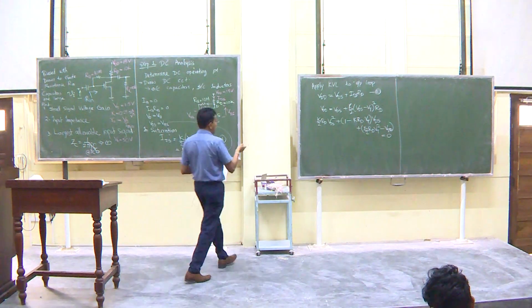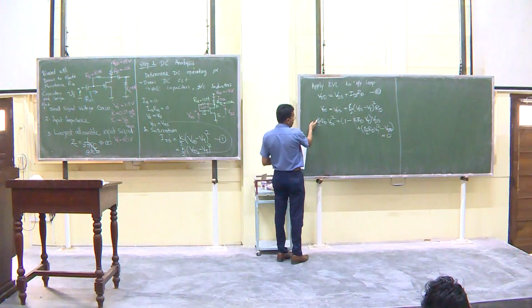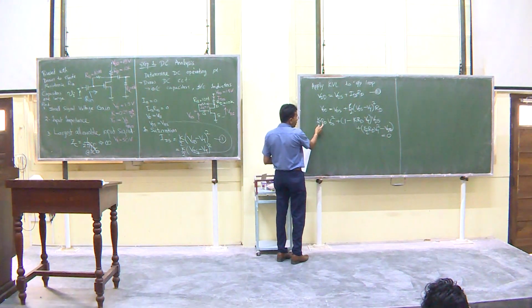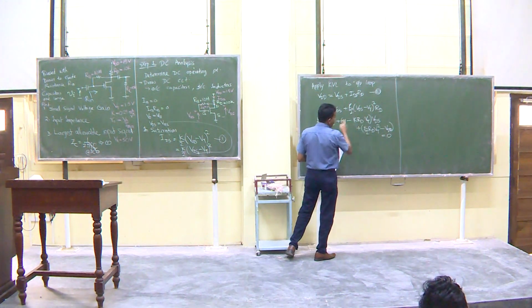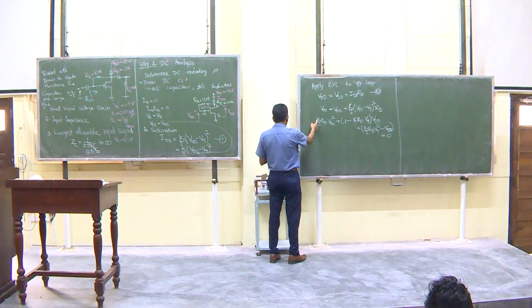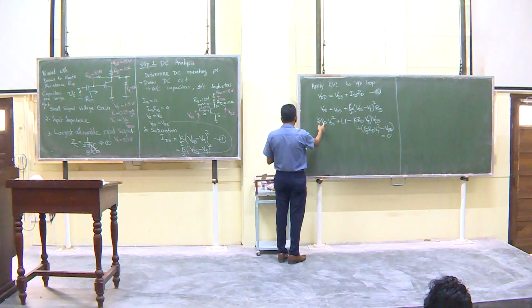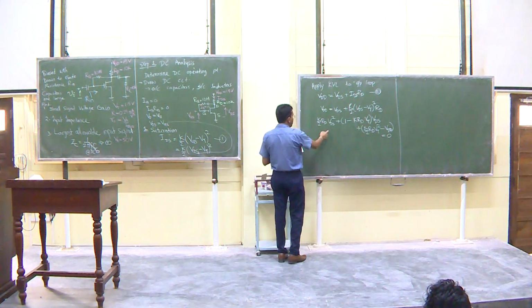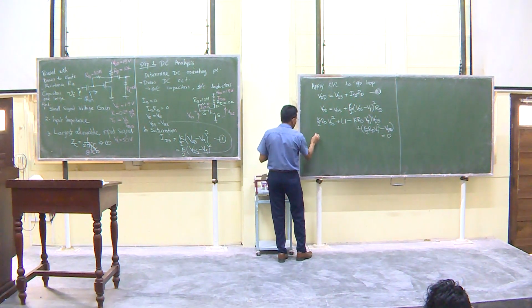So, if you substitute values for K, RD, VDD and Vt, right, K is 0.25 milliamperes per volt squared, RD is 10K.